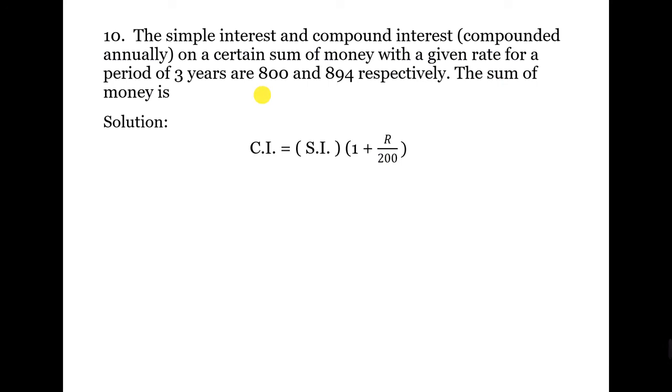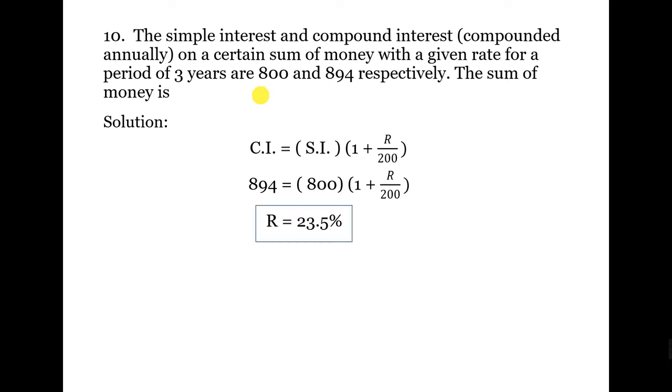So we will use the formula of rule number 10 as the easiest way to determine the values that we're looking for. We can now directly substitute the values to the formula as compound interest is equal to 894 and simple interest is equal to 800. Therefore, the value of the rate of percentage is equal to 23.5%.